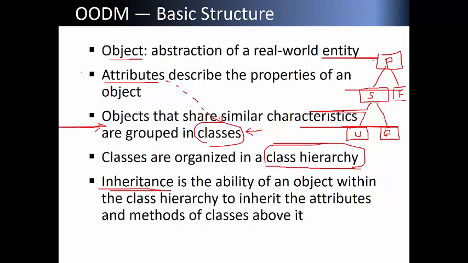As we define the class person, we define, for example, last name and first name. Then for students, which is a subclass of person, we don't need to define last name and first name.